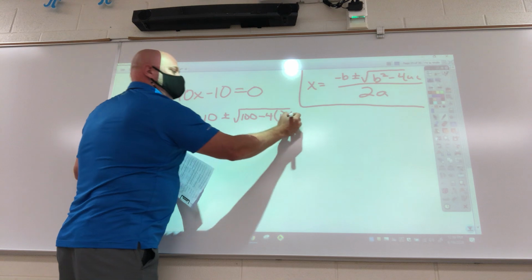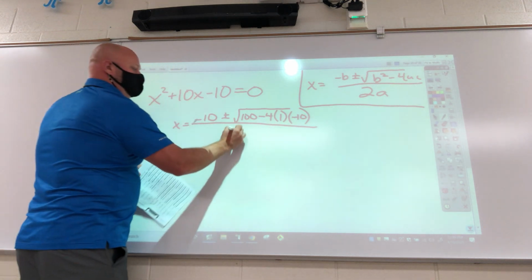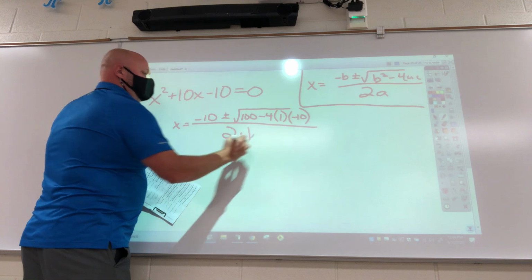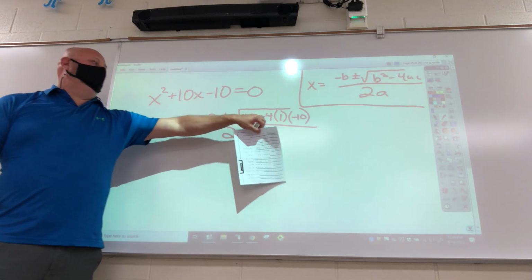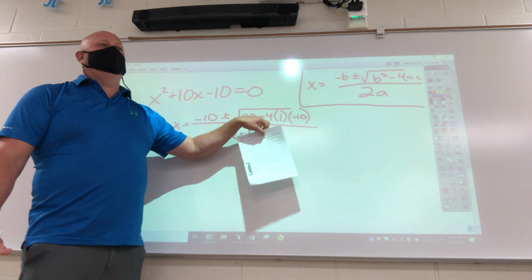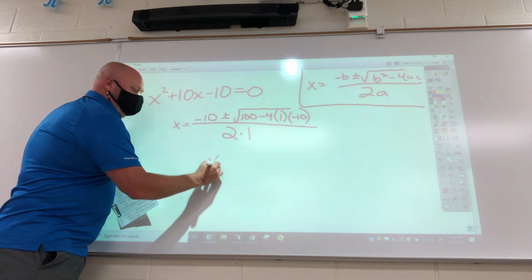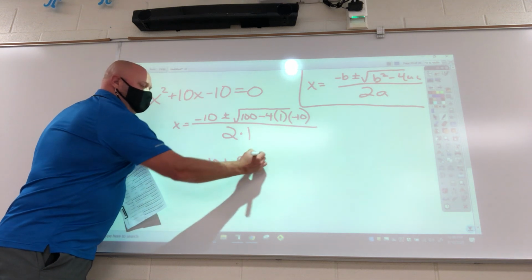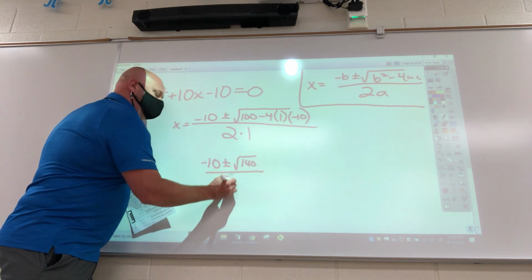C is negative 10, all over 2 times 1. Great. Plug in numbers in. 100 minus, but the 2 negatives would turn that to a positive, so we get what? Negative 10 plus and minus square root of 140 all over 2.